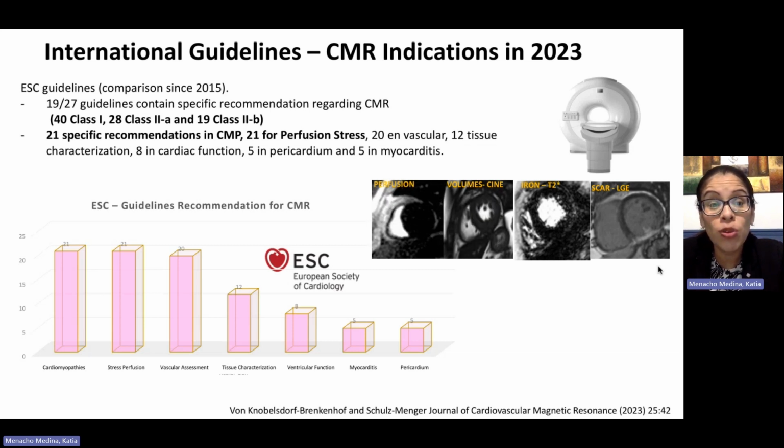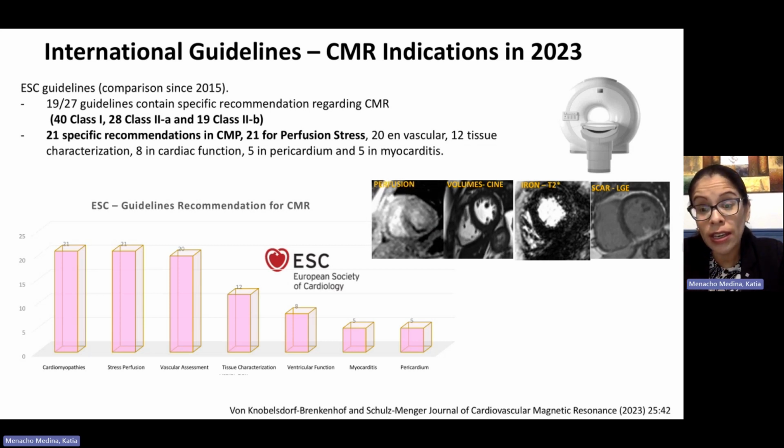So 19 of 27 guidelines contain a specific recommendation for CMR. 40 are class 1 recommendations, 28 class 2A, and 19 class 2B. There are 20 specific recommendations for cardiomyopathies and 21 for stress perfusion. Those are the two main indications for this technology.